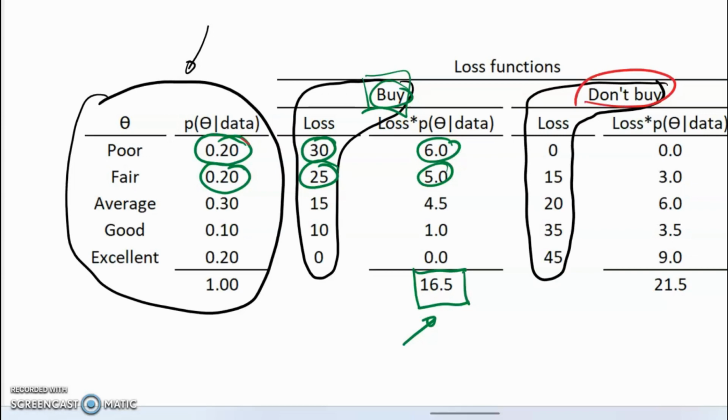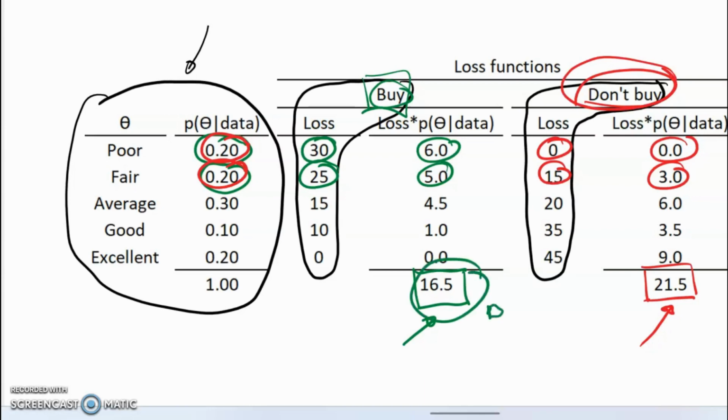So we take the 0.2, we multiply by 0, get 0, take the 0.2, multiply by the 15, get the 3, sum it all up, we get 21.5. The expected value of the loss if we don't buy the book is greater than the expected value of the loss if we do buy the book, and so that pushes us towards buying the book.